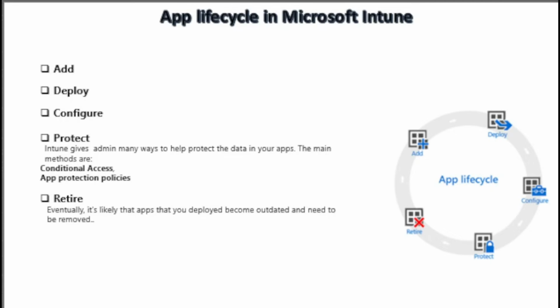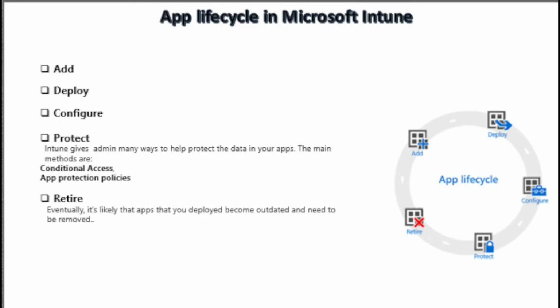Application protection is a very important step in application lifecycle management because this helps the admin to protect the app. There are many ways you can protect the application, like using conditional access, which controls access to email and other services based on the conditions that the admin is going to specify.